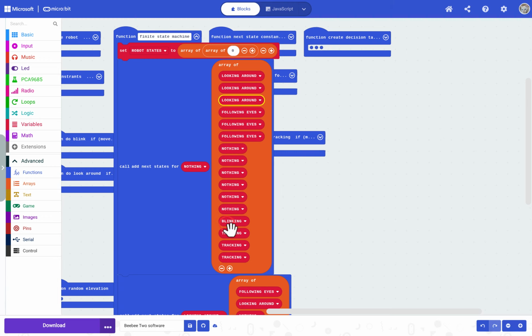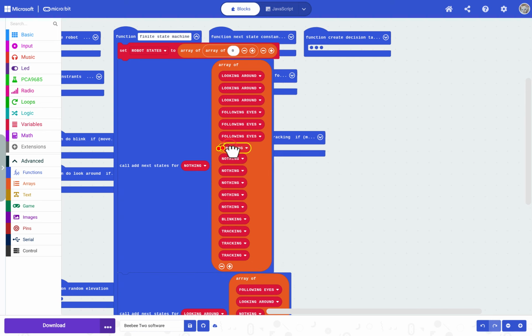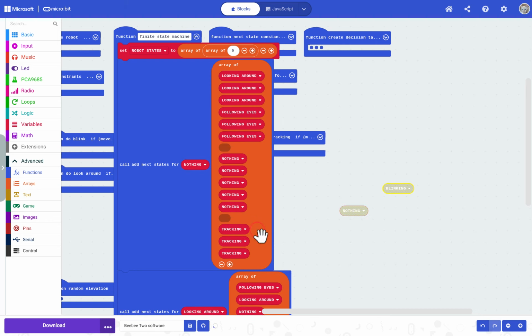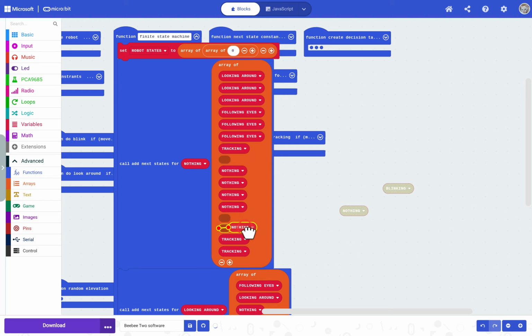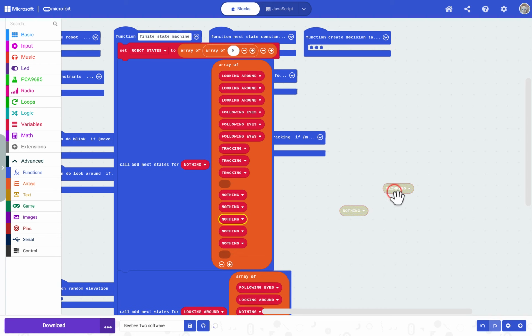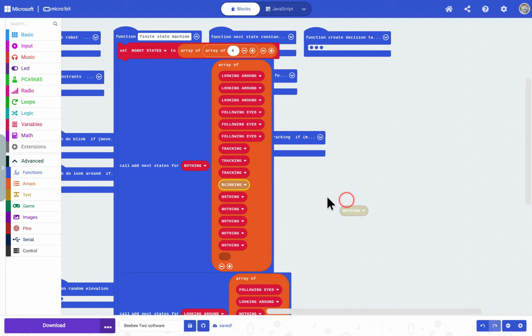Nothing. Got a lot of nothing. Got blinking. Got tracking. I'm going to reorder this a little bit. Move tracking up. Move nothing down. Put blinking in here. And we'll put nothing here. Okay.